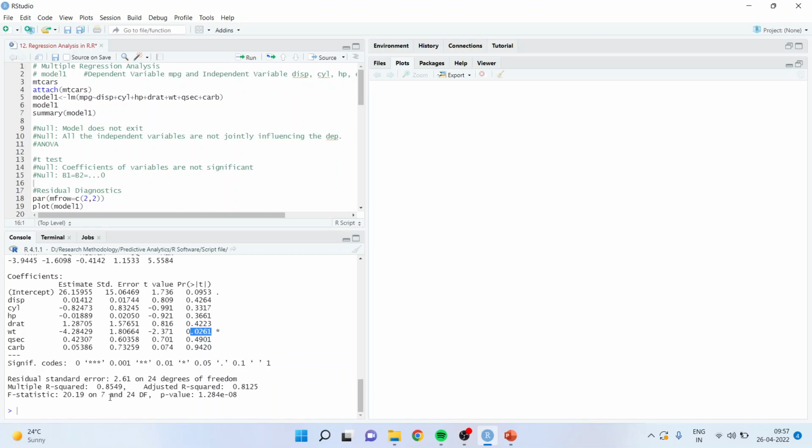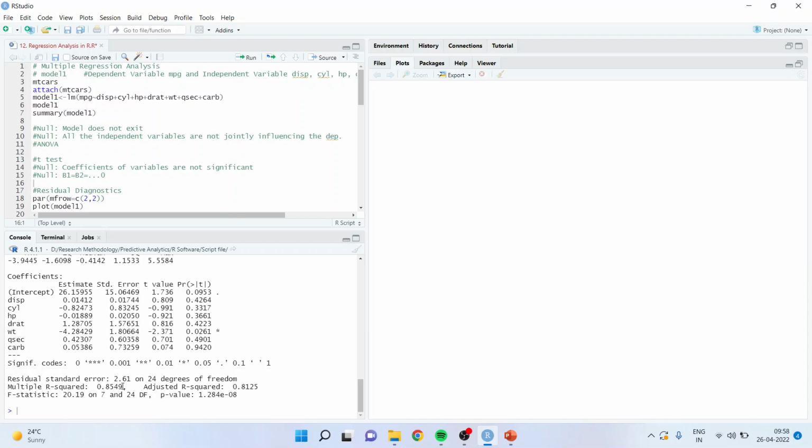Then we should talk about R-square, this one. The desirable range of R-square is between 0.6 and 1. R-square is the explanatory power of the model, also known as the coefficient of determination. In terms of percentage, this is 85%.